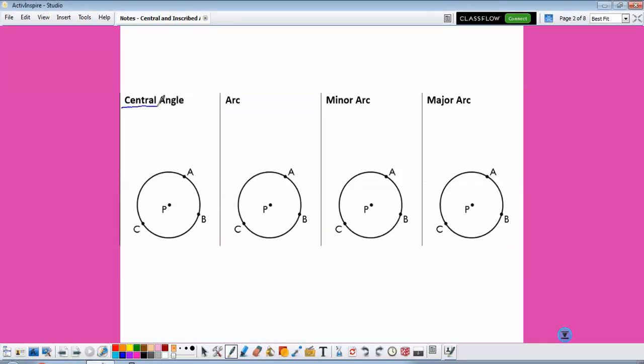A central angle means the vertex of the angle is on the center of the circle. So it would be something like the angle APB.